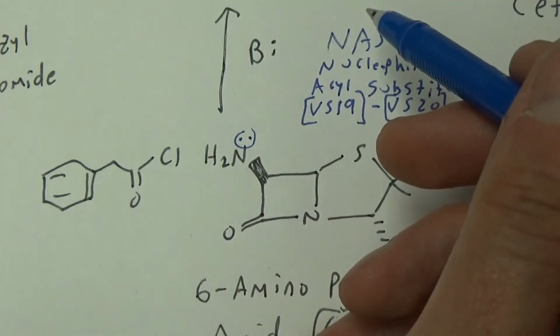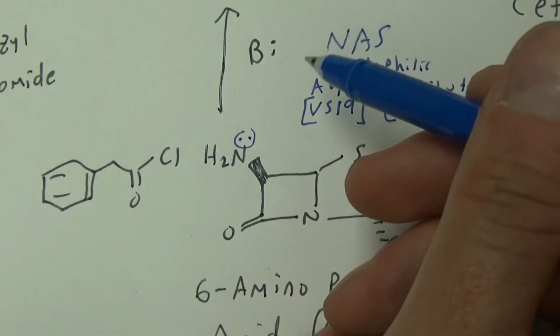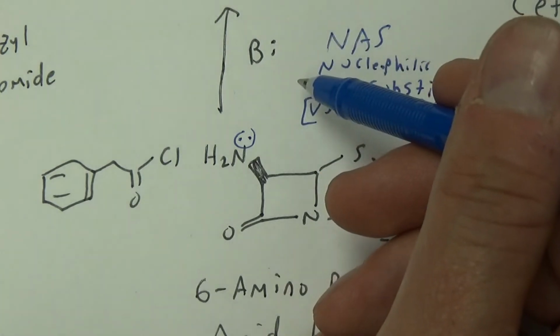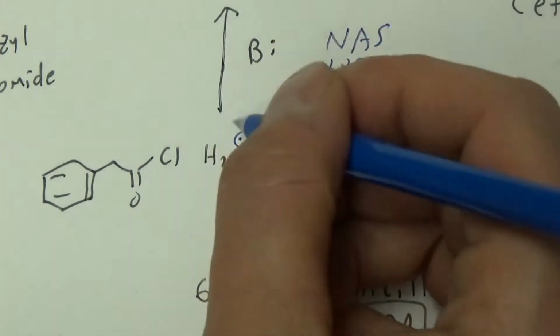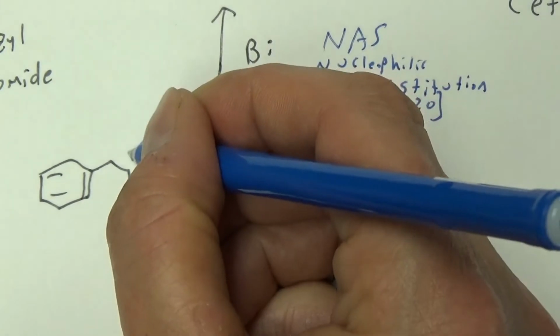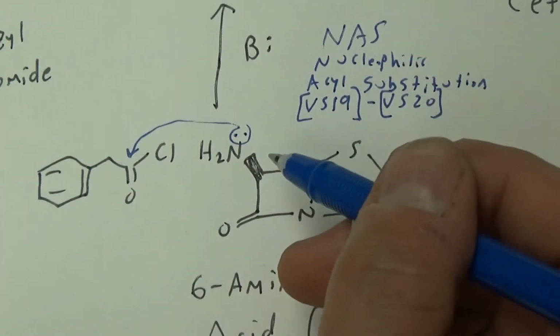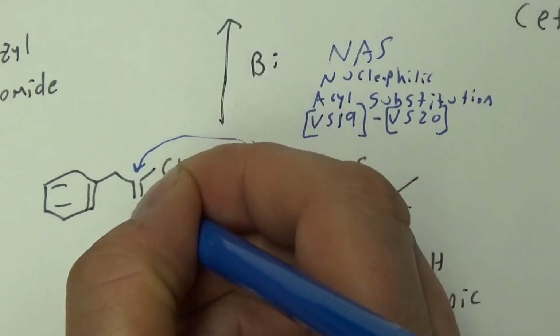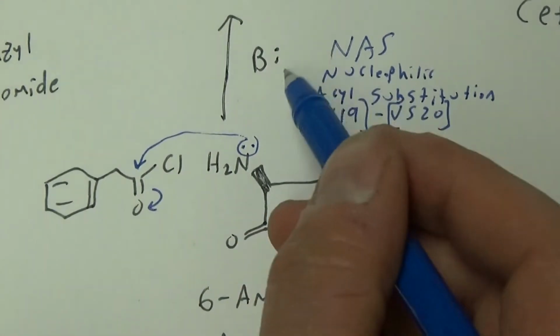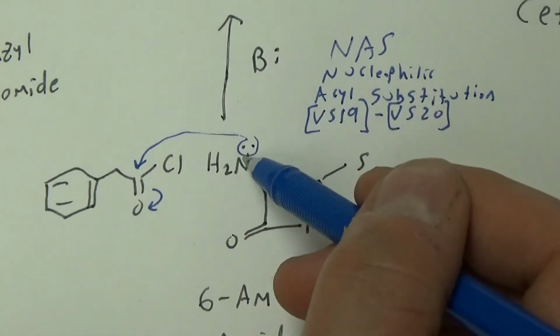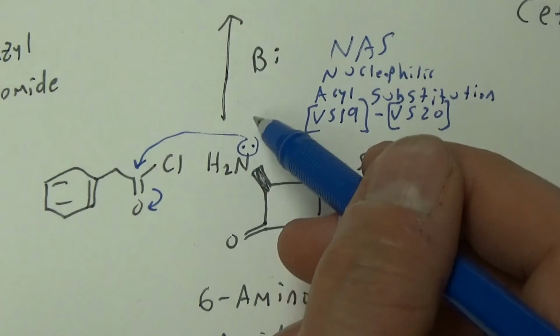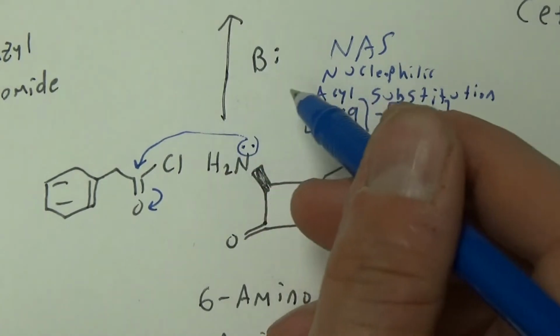But for the goal of brevity, I just abbreviate this as attack. Electrons go up. Technically, that's probably when the base takes off that proton, because the proton becomes highly acidic. But we're abbreviating.